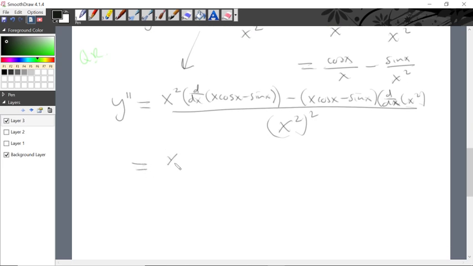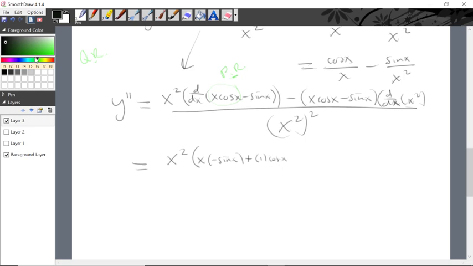Okay, so let's see, we have x squared times, now let's take the derivative here, we need a product rule. We're going to need a product rule to deal with this x cosine x. Let's do that. So we have x times the derivative of cosine, that's a negative sine x, plus the derivative of x, which is 1, times the cosine of x.